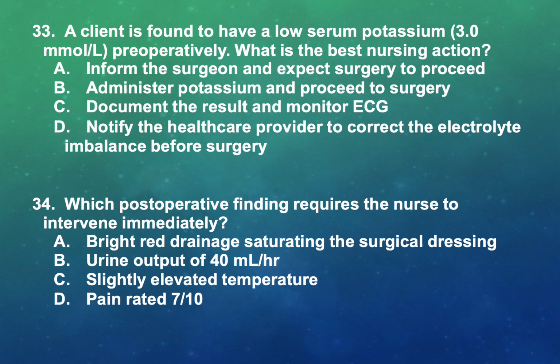33. A client is found to have a low serum potassium preoperatively. What is the best nursing action? The answer is Delta. A preoperative serum potassium of 3 indicates hypokalemia. Potassium levels below 3.5 increase the risk of cardiac dysrhythmias, prolonged muscle weakness from neuromuscular blockers, and ileus.